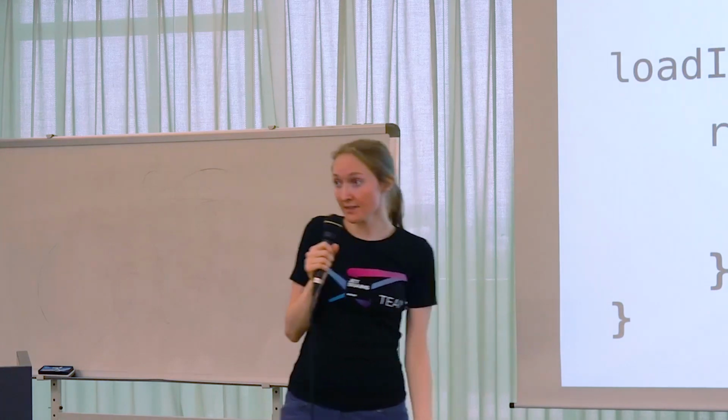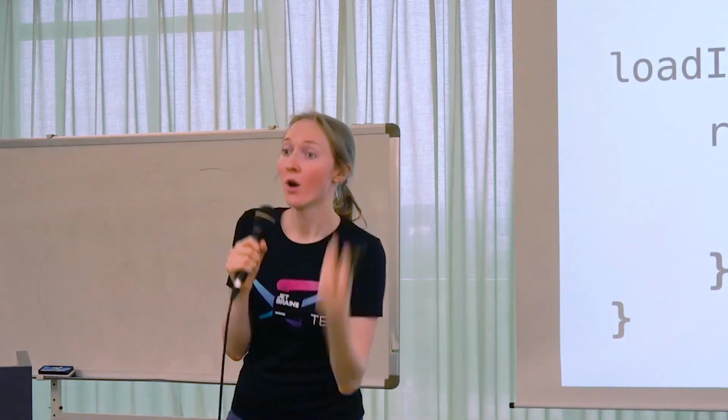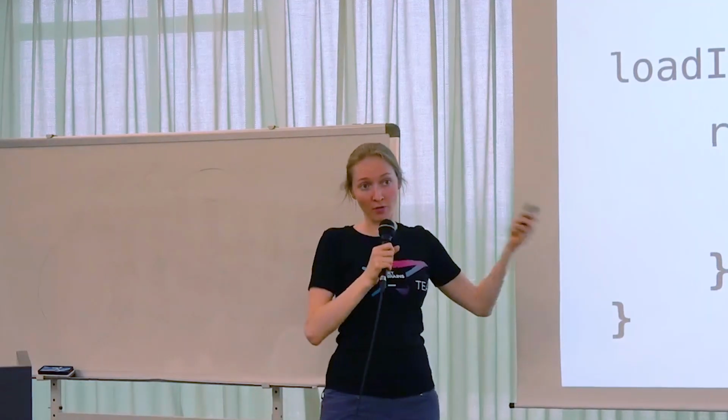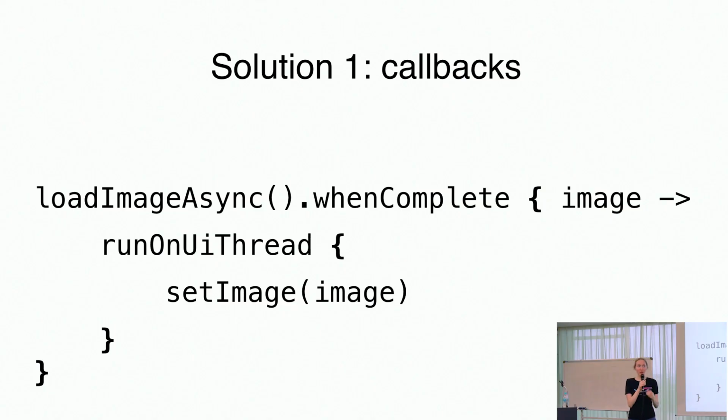One of the ways is to use callbacks. To solve this problem of blocking the user, you extract the second part of the computation into a callback, in the Kotlin case inside a lambda, and provide this callback as an argument to some function, in our case, a one-complete function.